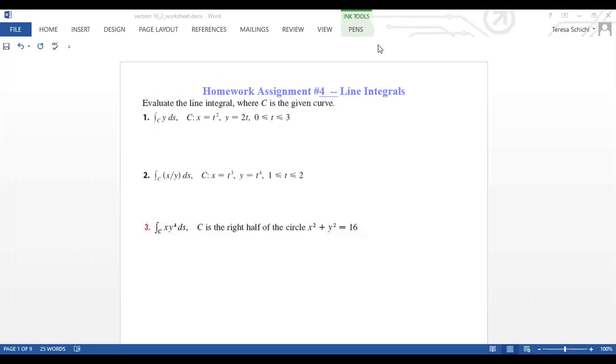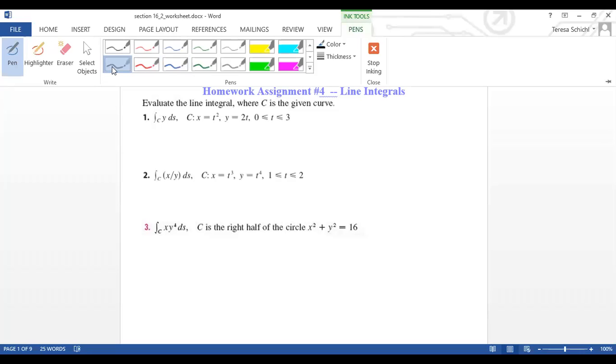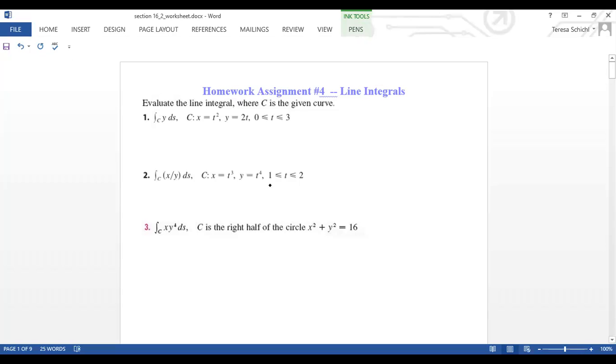The first two problems are pretty straightforward because the curves are already defined. The given curve C is already defined in parametric form for you, so you can just directly plug it into the formula and get the answer.